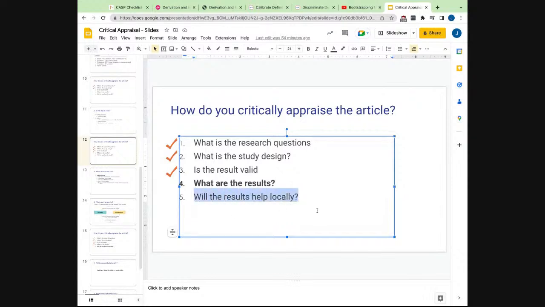So if you are based in the US, probably it should apply to your local patients. In other countries, let's say maybe in East Asia, Southeast Asia, perhaps there could be other things that may not be relevant because not all places will use electronic health records.